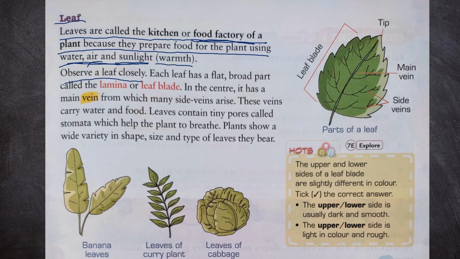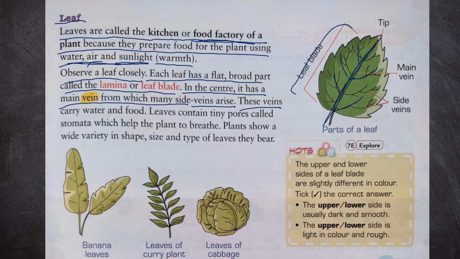Observe a leaf closely. Each leaf has a flat, broad part called the lamina or leaf blade. In the center, it has a main vein from which many side veins arise. As we can see in the picture, we have a main vein and side veins. These veins carry water and food.